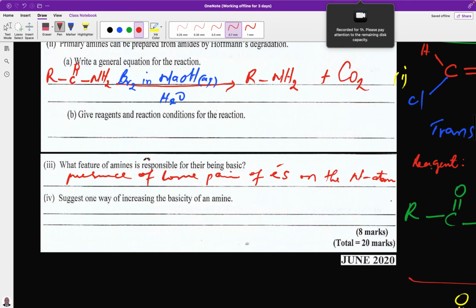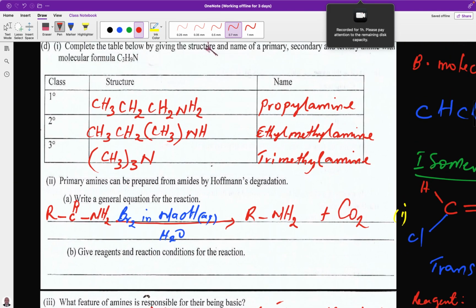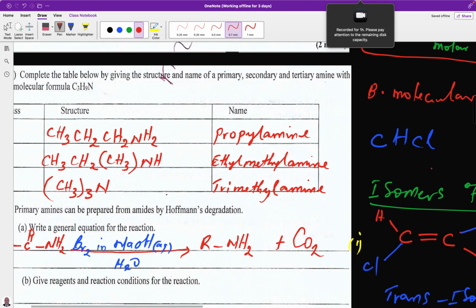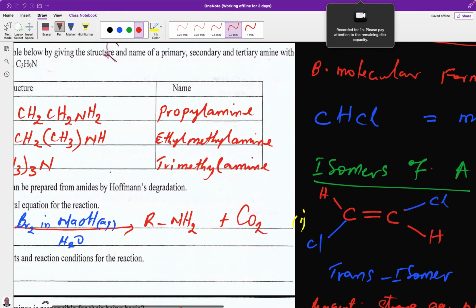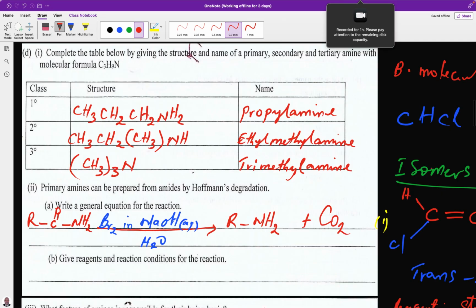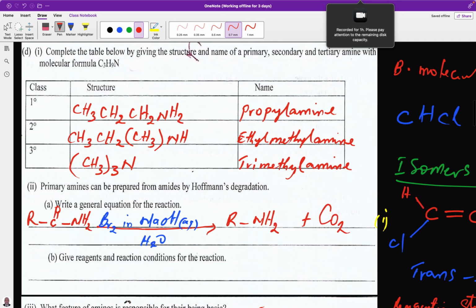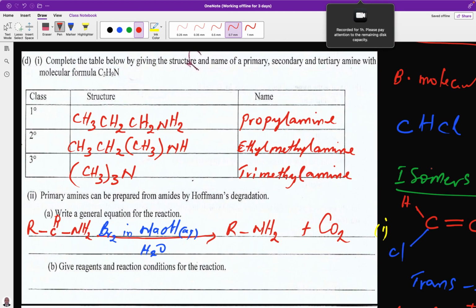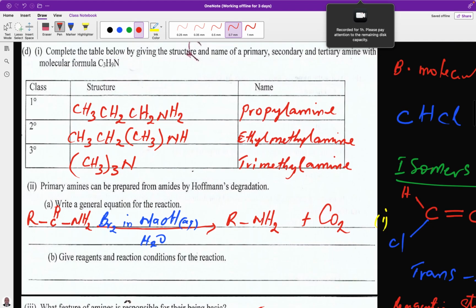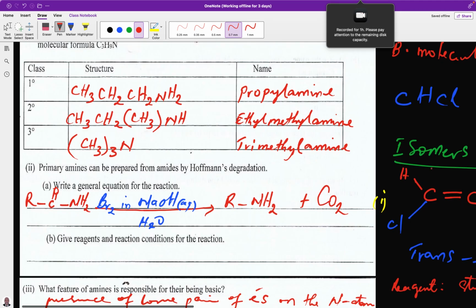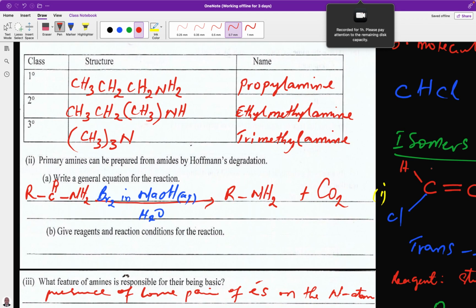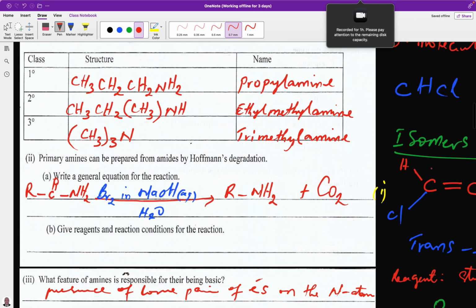Then we went further on amines. How to identify a primary amine by substituting the hydrogens on ammonia with alkyl groups. When you substitute one hydrogen, you form a primary amine. Two hydrogen atoms substituted by different alkyl groups will form a secondary.